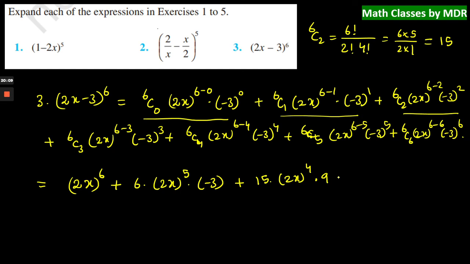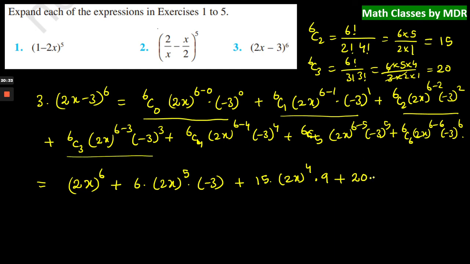Okay, and then 6C3. What is 6C3? 6C3 is 6 factorial by 3 factorial into 3 factorial. So I will write it as 6 into 5 into 4 by 3 into 2 into 1, right? So this will be equal to 20. 6C3 is 20, right? And what else we have? 2x whole cube, and minus 3 whole cube is minus 27, right? Plus next term is 6C4. 6C4 is also equal to 6C2.